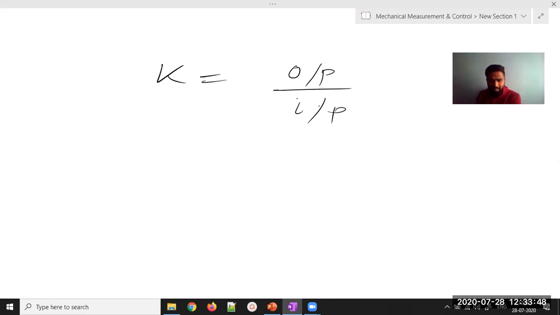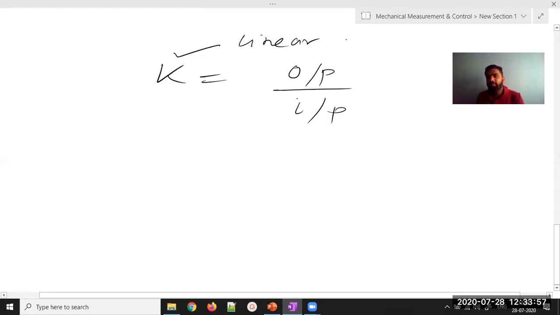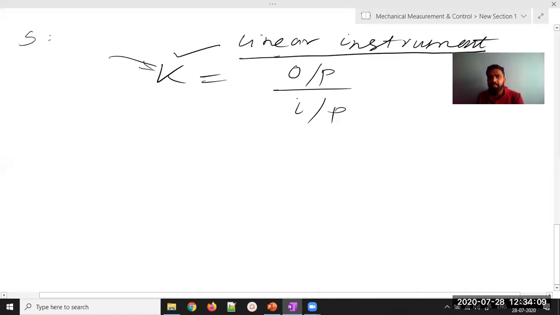If this is constant, it is called a linear instrument, and that thing is called sensitivity. Just get it right: if the instrument has output upon input as constant, such an instrument is called a linear instrument, and this is called sensitivity.